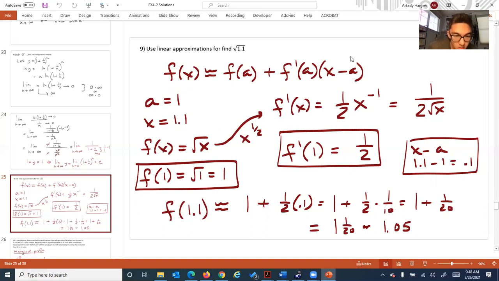If I had plugged in 1.1, I would have gotten 2.1 over 2. Okay, so that's what I did wrong: x is equal to 1.1, not 0.1, so that was a conceptual error on my part.